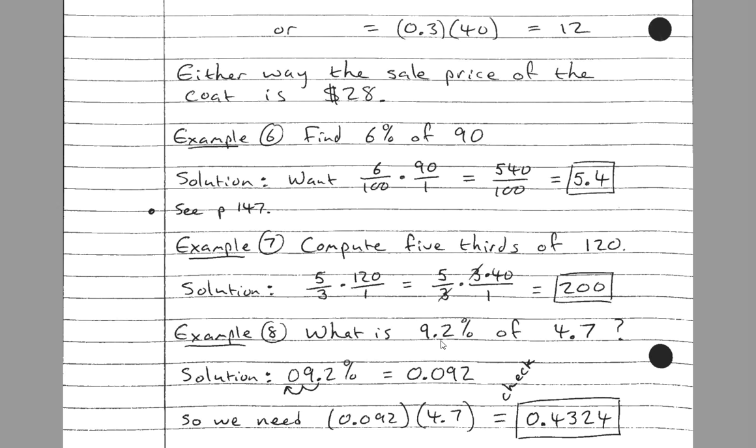So for this question, it makes sense to convert this percent into a decimal. The decimal point gets moved 2 places to the left. So 9.2% as a decimal is 0.092.